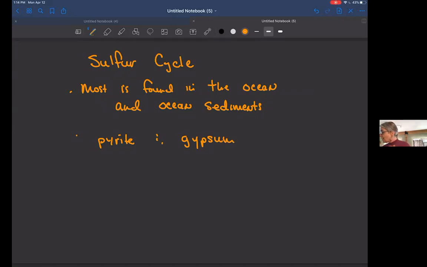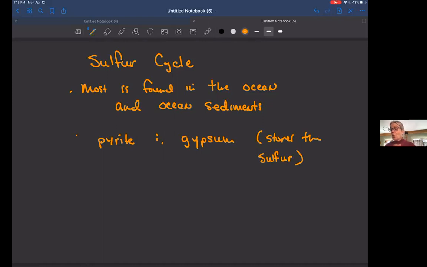So this would be a place that they are stored. This stores the sulfur, and, for example, during erosion, it can be released into the water, into the soil.